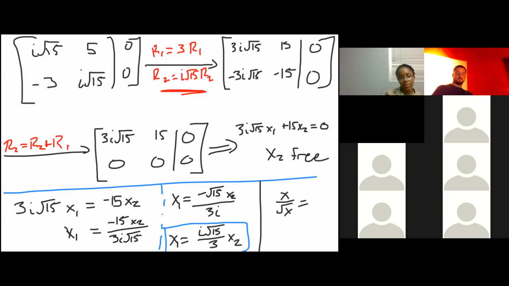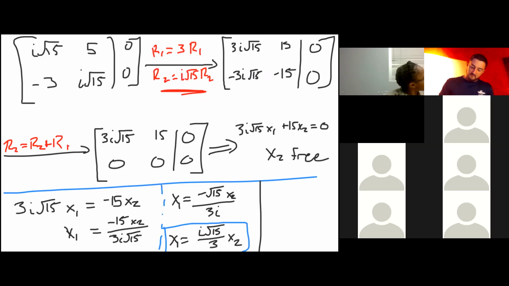Square root of x? Mm-hmm. So then 15 divided by square root of 15 gives me square root of 15. Like I was saying, some of this algebra you should do on your own because it's not necessarily super easy to pick up on, but I'm just trying to make sure that we're moving on.